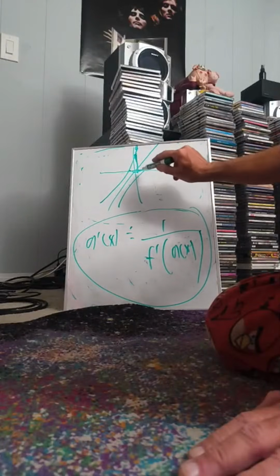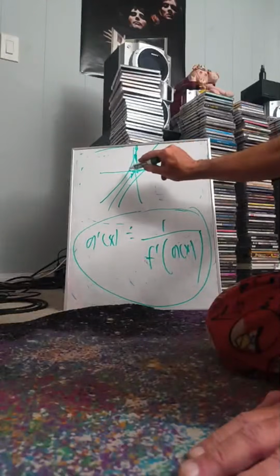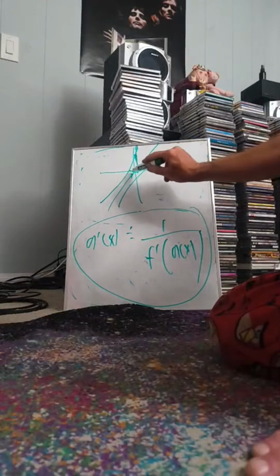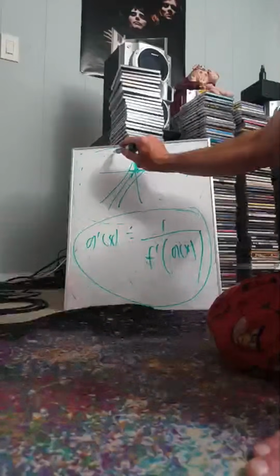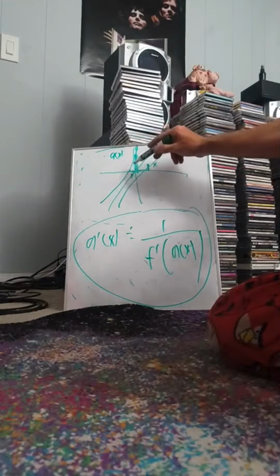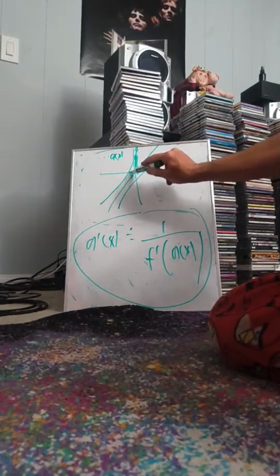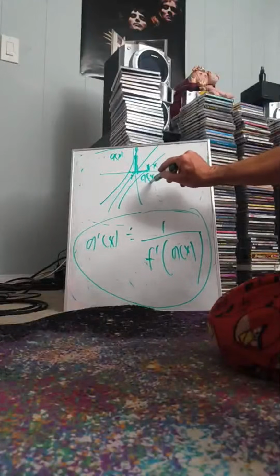If this little bit is x, then this little bit here is x. But this big bit up here is g of x. This little x is little, but this big here is also g of x.